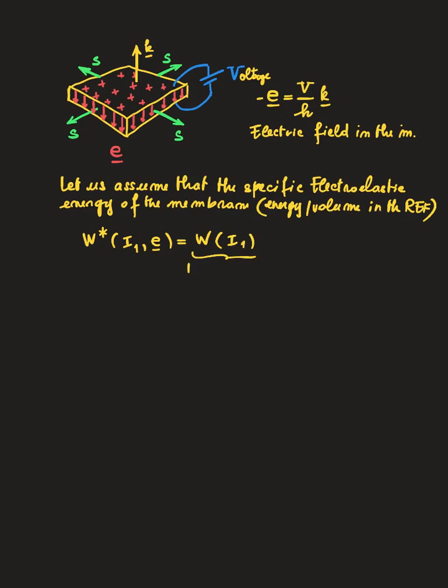And for example, we will assume that this is a neo-Hookean. But in any case, this is the purely elastic energy. Well, there's no surprise in these expressions. This part of the energy is simply accounting for the elastic deformation of the membrane.